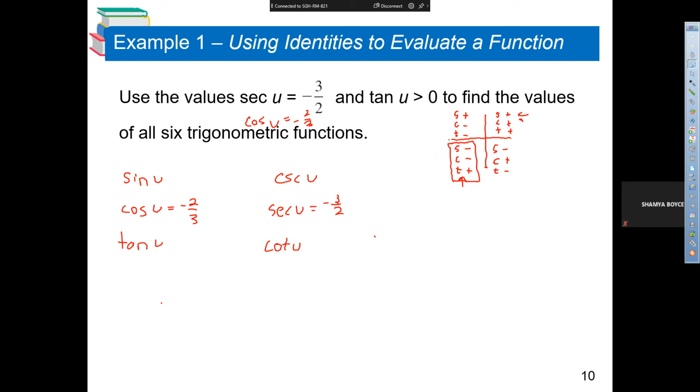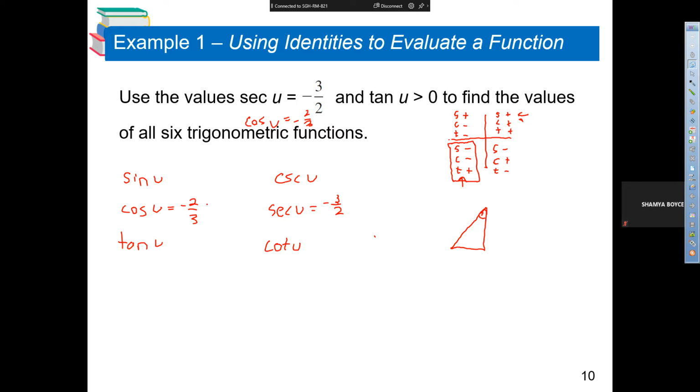Now we're looking at a triangle that looks something like this, where I guess here is u. Cosine is what?